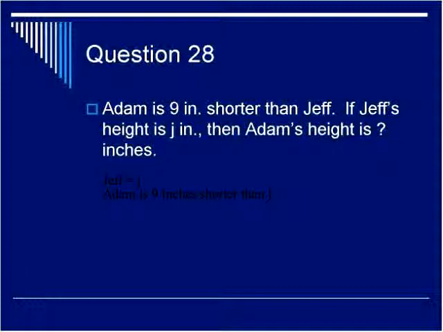Okay. We know that Jeff is j. So Adam will be j what in relationship to j? j is Jeff's height. Adam is 9 inches shorter than Jeff. So if you take Jeff and you subtract 9, that is equal to Adam's height.